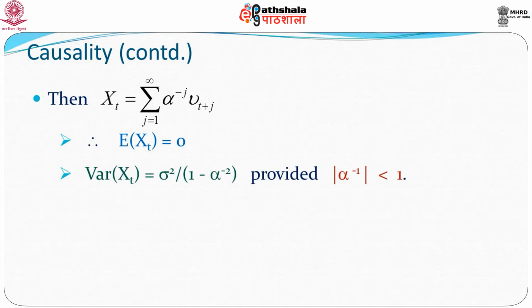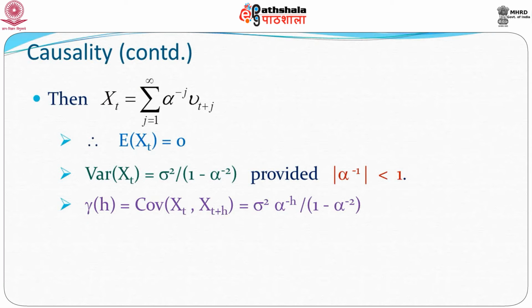The variance of X_t is sigma square by 1 minus alpha to the power of minus 2, provided of course that alpha to the power of minus 1 has modulus, or absolute value, less than 1. The covariance comes out to be sigma square alpha to the power of minus h divided by 1 minus alpha to the power of minus 2.